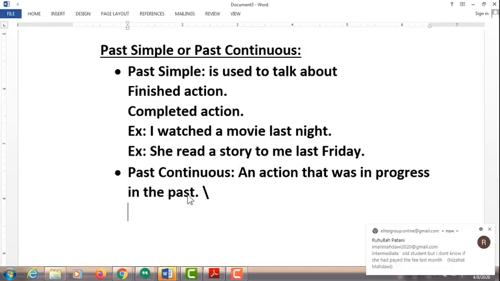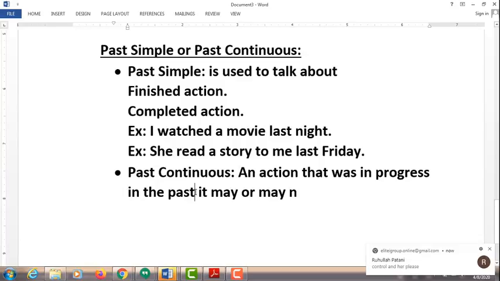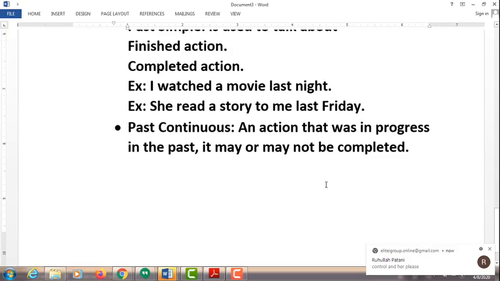But it may or may not be completed, because you don't know the completion, whether the action was completed or not.